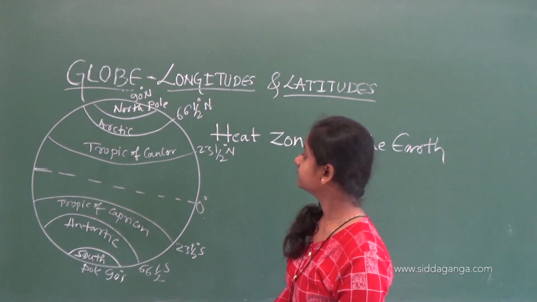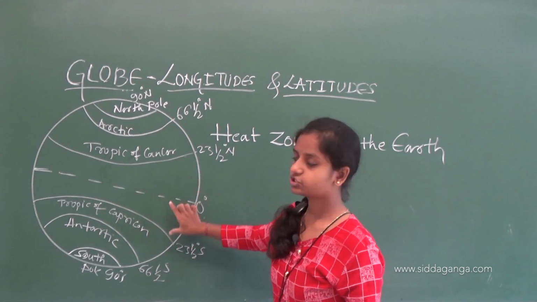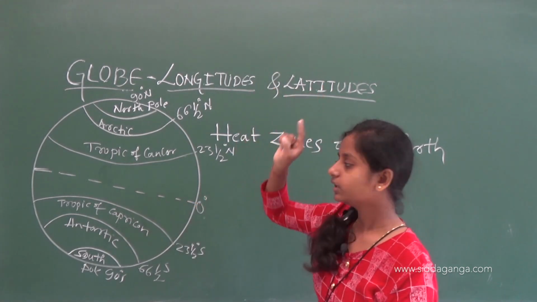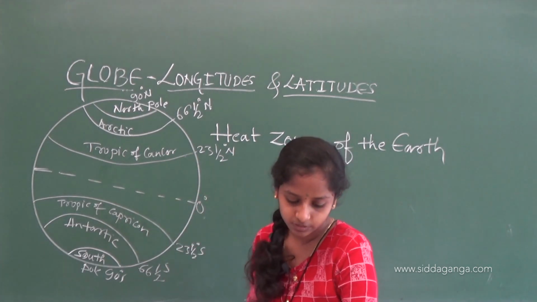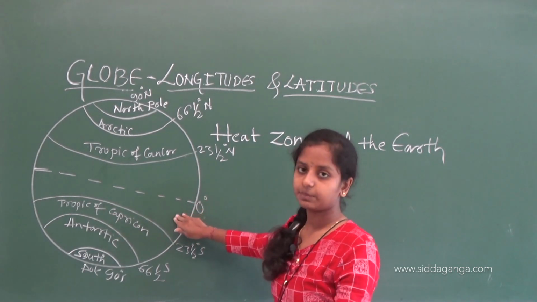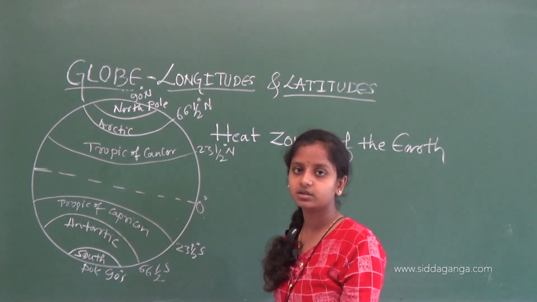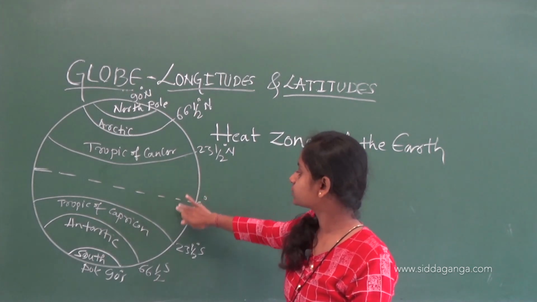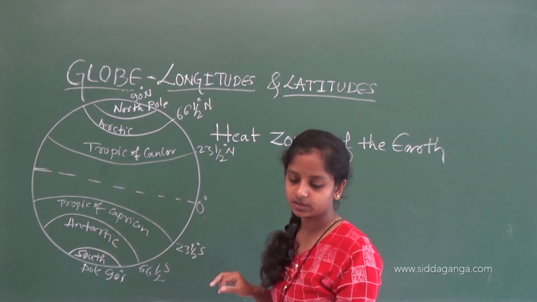In between the Tropic of Cancer and the Tropic of Capricorn, once in a year the sun will be overhead on all the latitudes. The latitudes which come in between these two experience an overhead sun once in a year.